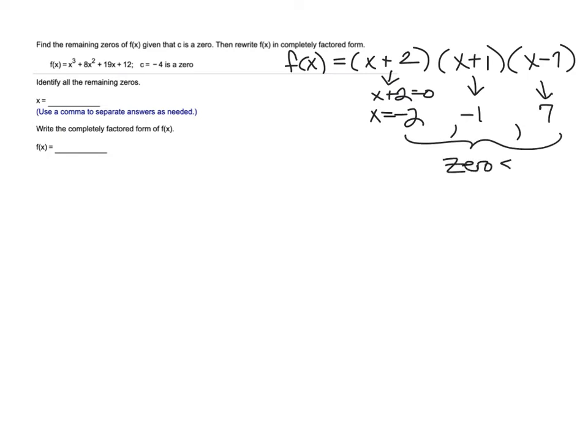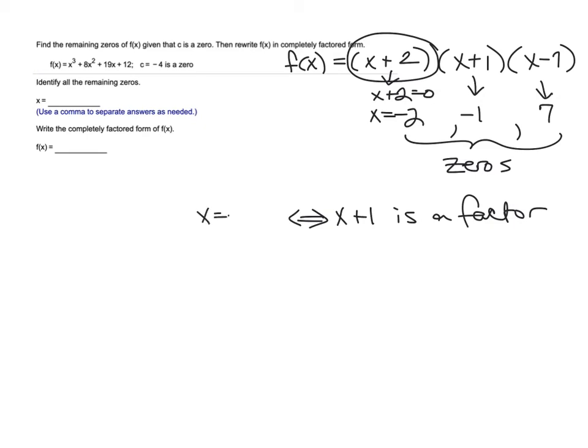right? Okay, well, there's a connection between zeros and factors. Let's look at negative 2. If negative 2 is a 0, then x plus 2 is a factor. So they're related. Like I said, if x plus 1 is a factor, then x equals negative 1 is a 0. They go together, okay?